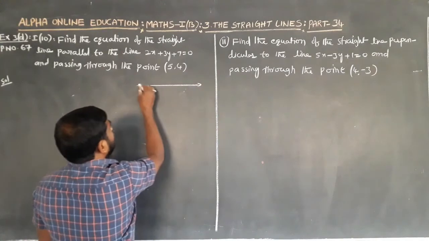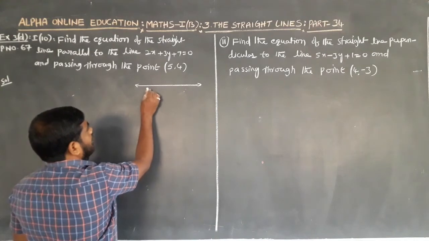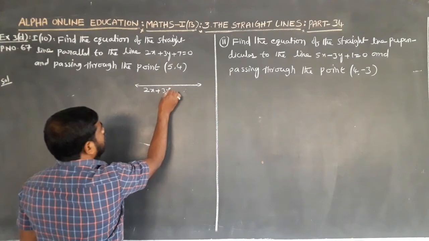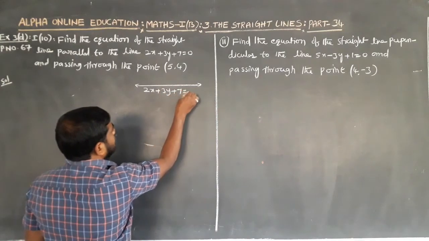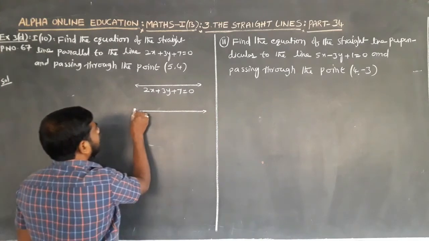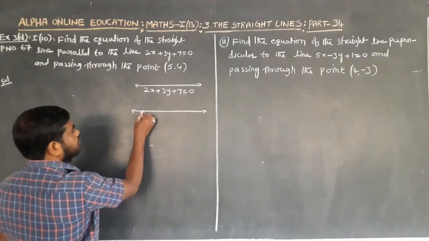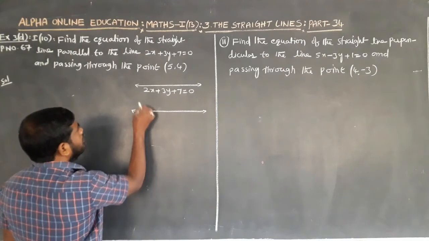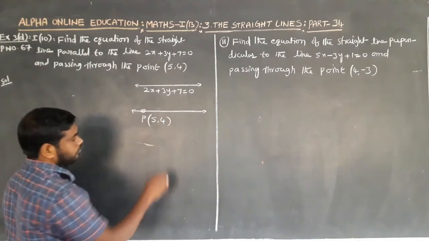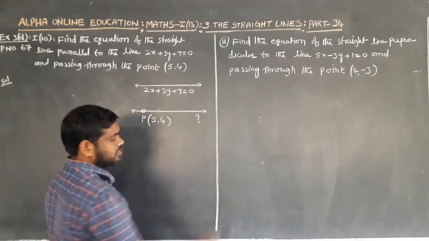Find the equation of the straight line parallel to the line 2x plus 3y plus 7 is equal to 0 and passing through the point 5 comma 4. This is the required equation of the straight line.